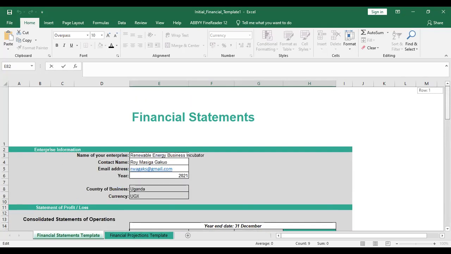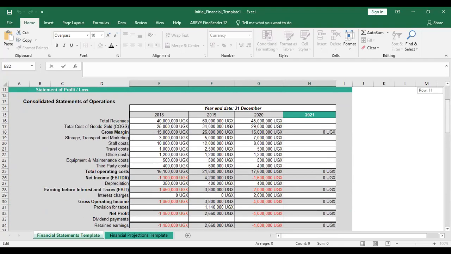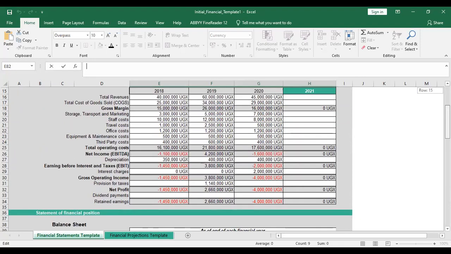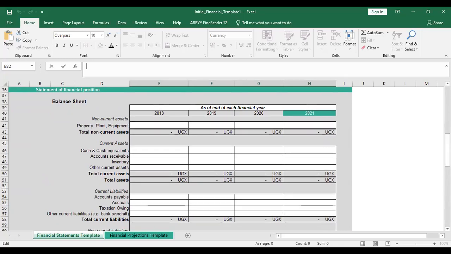But in principle, if you've been capturing your documents, you should be able to use this template already to put in your three statements, the income statement, balance sheet, and cash flow, because this one simply provides for that. And feel free to ask any question about this template, because I'm going now to move into what financial modeling is all about.